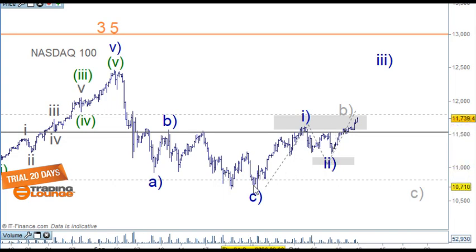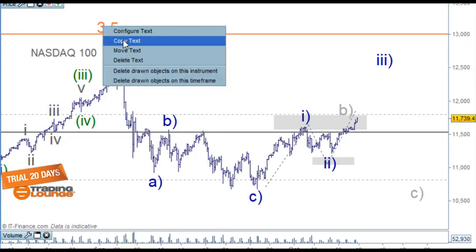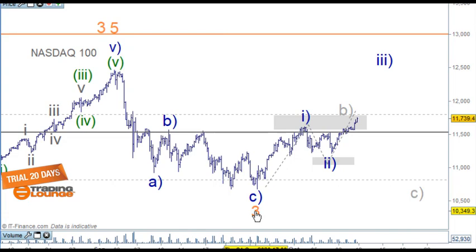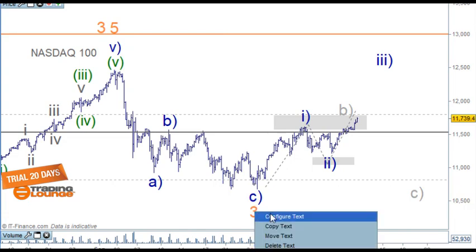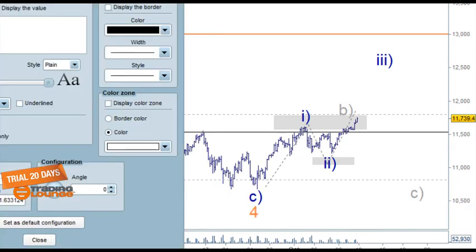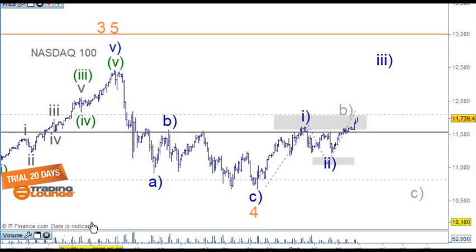So I need to look at this as a 5-wave structure, but that could be wave A here, wave B here, and then wave C finishing at the 61.8% mark for wave B, and then down to wave C here. Look, I don't think it's the case, but it's my job to point that out. So I'm pointing it out.